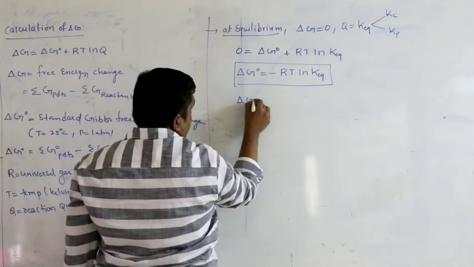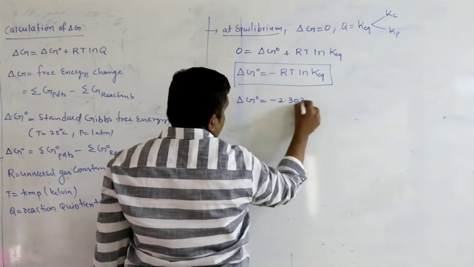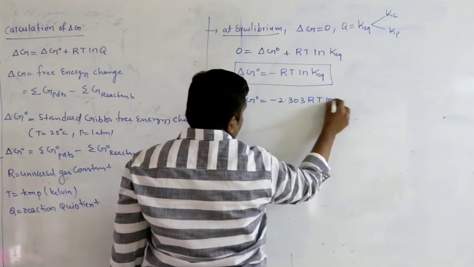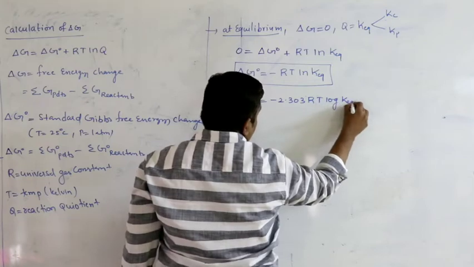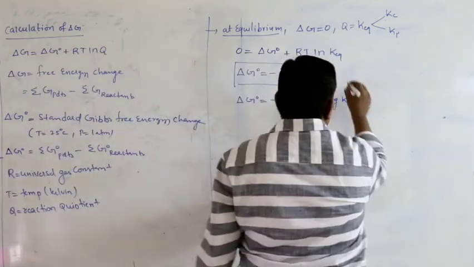Or delta G naught equals minus 2.303 RT log to the base 10 of the equilibrium constant, where the earlier one is the log to the base e.